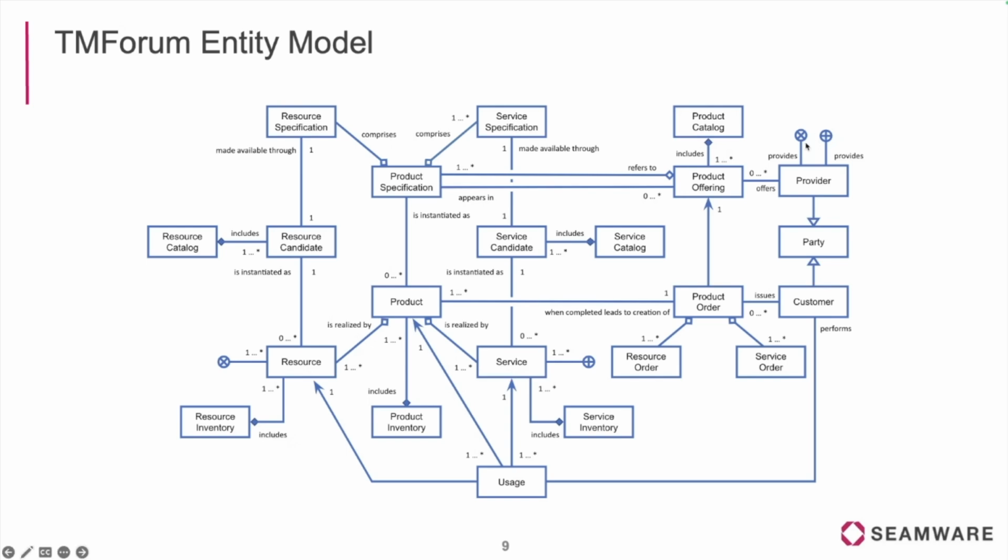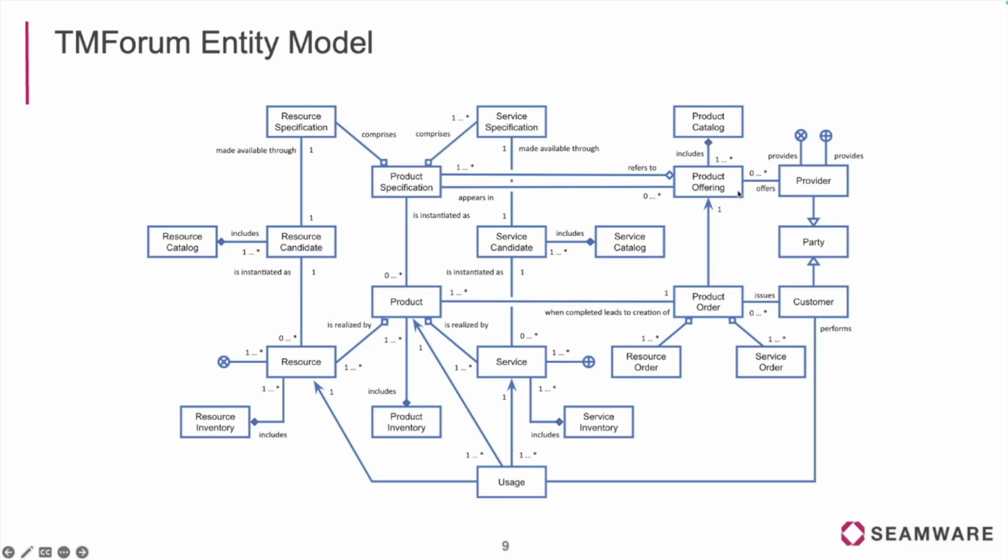Okay, when you want to buy a product offering, what the customer is going to do is create a product order. In the product order, you are going to have all the different options that have been selected by the customer. For example, all the configuration options that are part of the product specification, the selection of the particular value will be part of the product order.